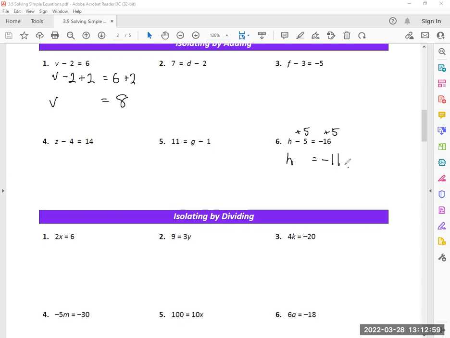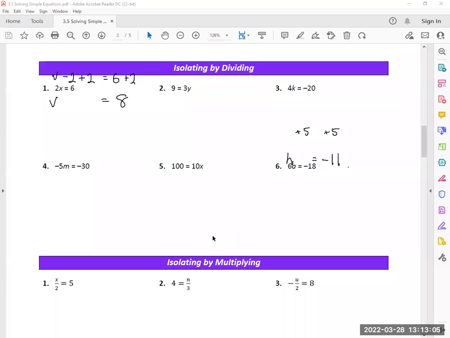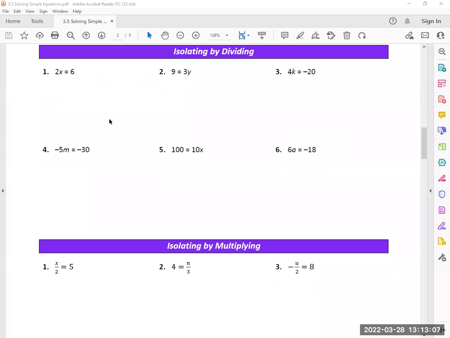The same can be done with multiplication and division. Isolate by dividing. Okay, this time, forget the plus and minus. Right now, this is a 2 times x. The opposite of multiplication, division.